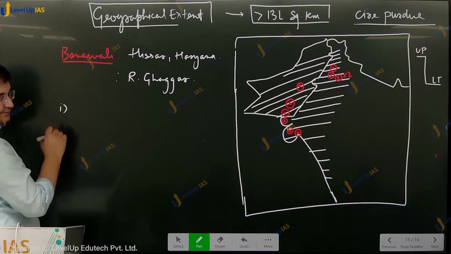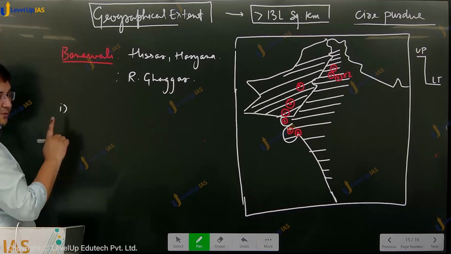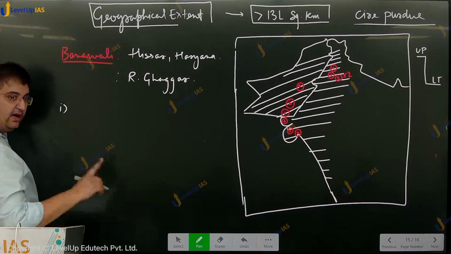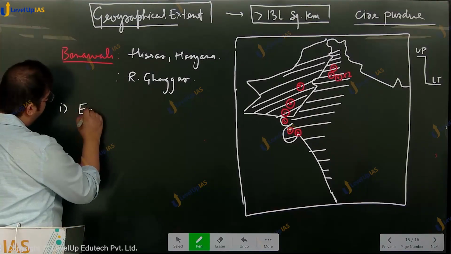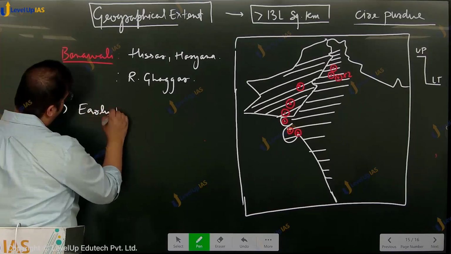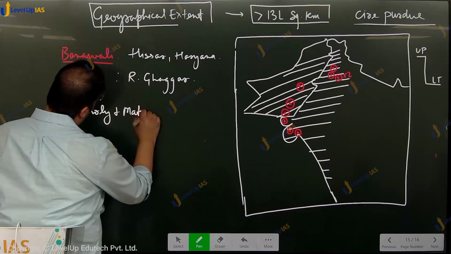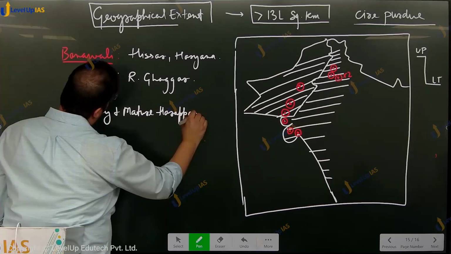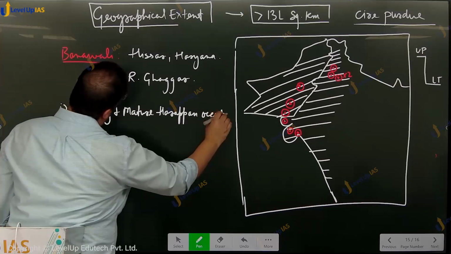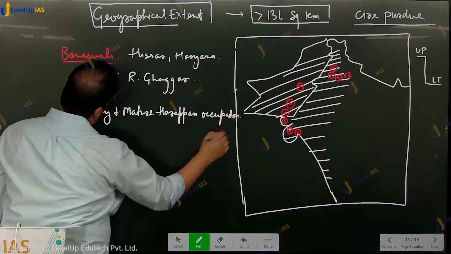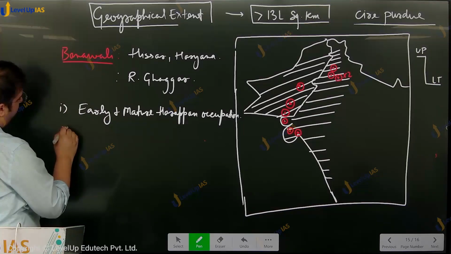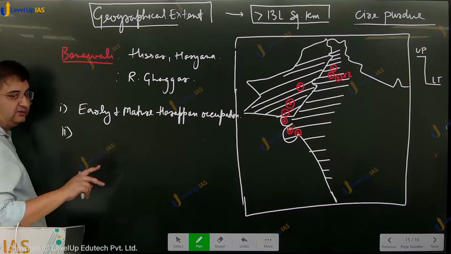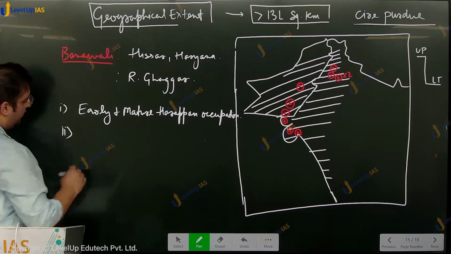Importance of Banavali. Like Kalibangan, from here we get the evidence of not only mature Harappan phase, but also early Harappan phase. Secondly, like Chanudaro, there are not two levels of occupation, but a single level of occupation.